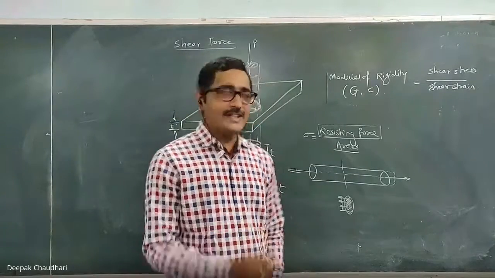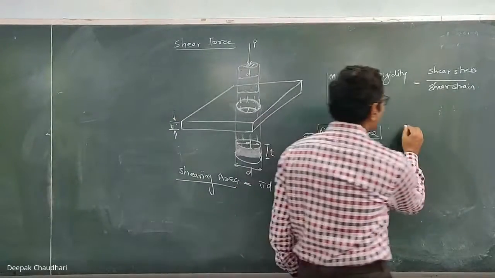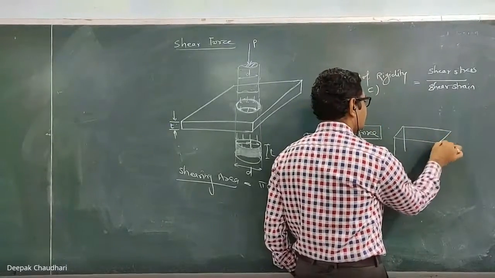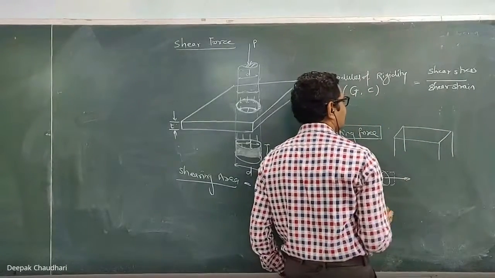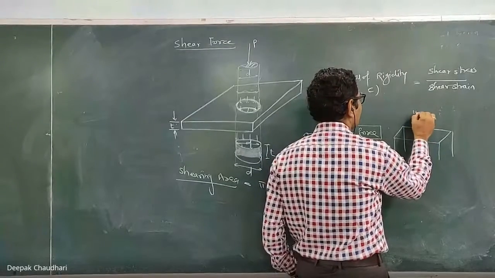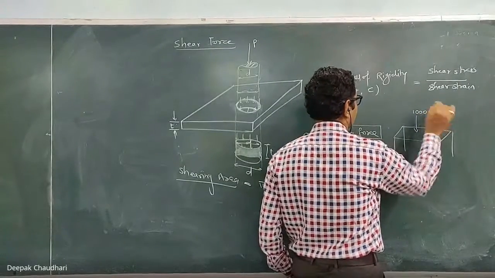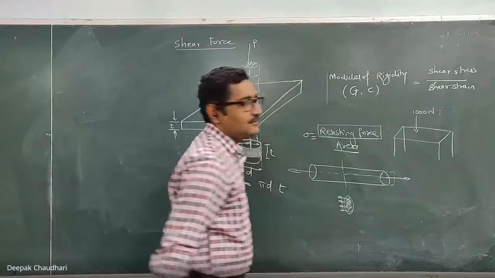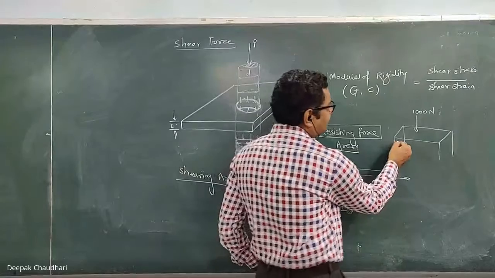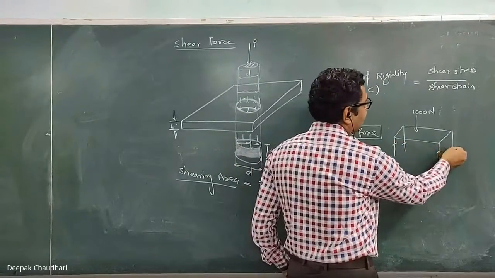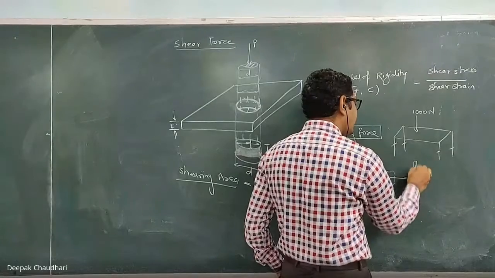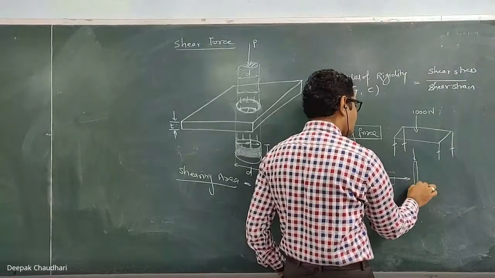Okay, for example, suppose I want to design one bench, and these four legs are there. I have designed it for, suppose, 1000 Newton. This is the load applied. Accordingly, I have considered the cross section area of this leg, because in this case this load is applied on each leg in the axial form.